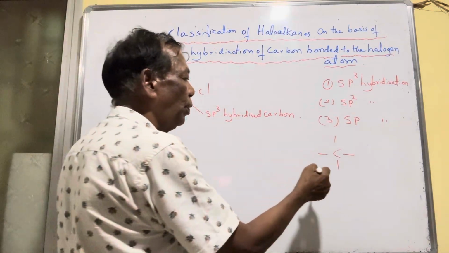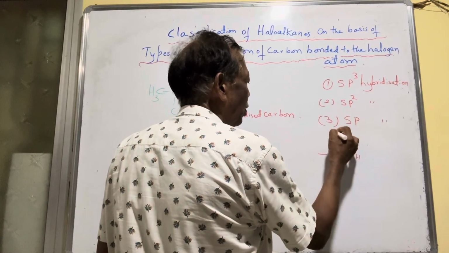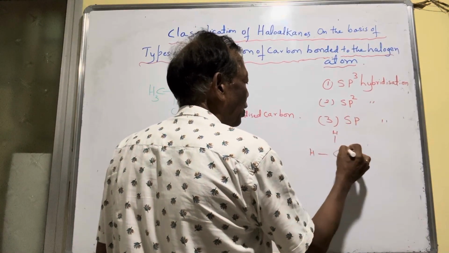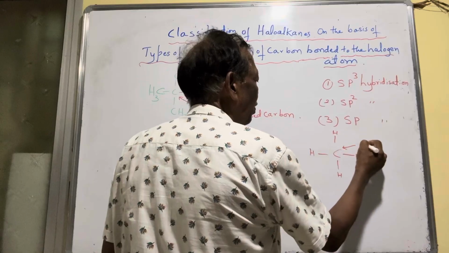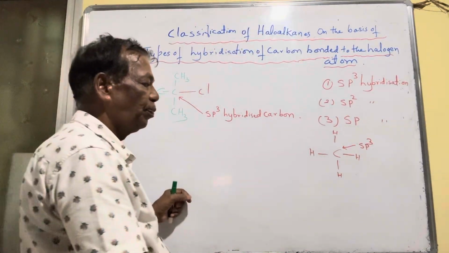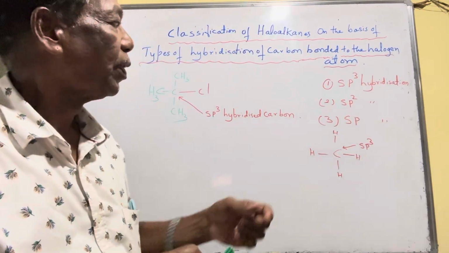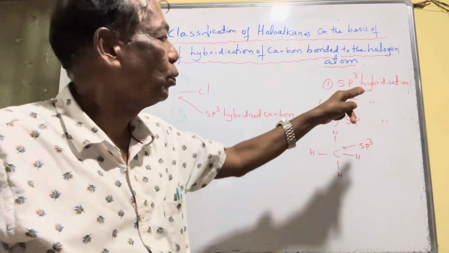Okay, when it is saturated, it means all the bonds are satisfied. Then suppose I have here H, and say H. And this carbon will be what is known as sp3 hybridized. Suppose if it is sp2, in this case it is 1 s and 2 p.